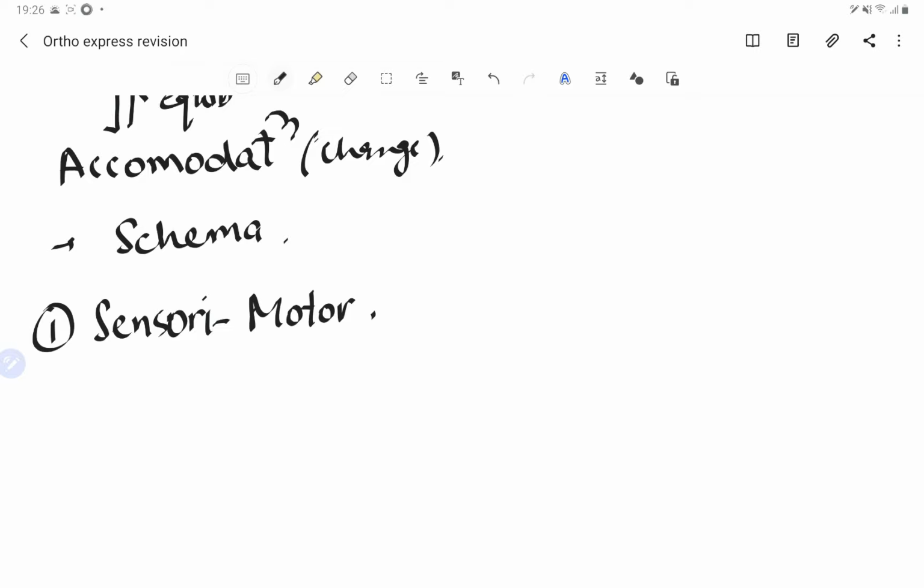All these things are symbolic play, and it is seen at the age of 0 to 2 years. So he is responding to the senses: seeing, hearing, touching, taste, smell, all these sensations the child is responding to. So the sensory motor stage is 0 to 2 years.